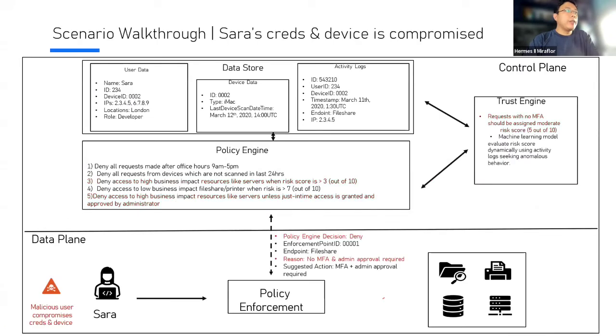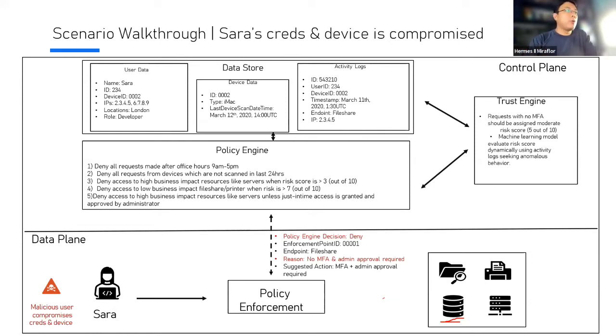Okay, so even if Sarah can potentially access a database, because we have just-in-time access, there should be someone within the organization to also approve the request. So if I'm Sarah's manager, for example, there should be a workflow that triggers so that I receive an email that says Sarah is trying to access this database, and then I will decide whether to approve it or not.